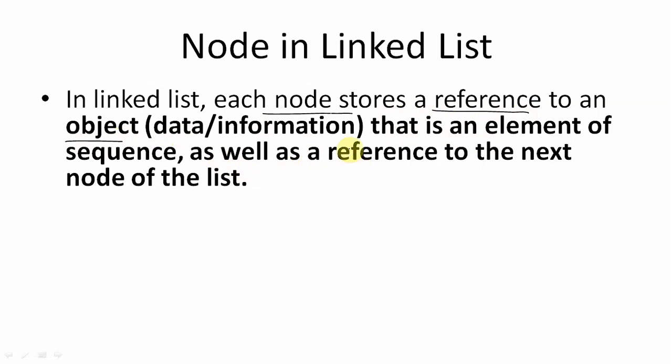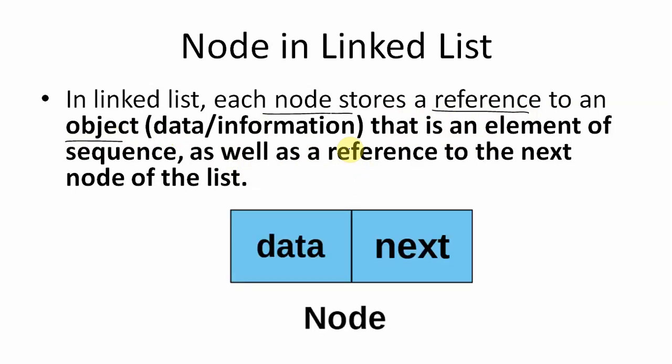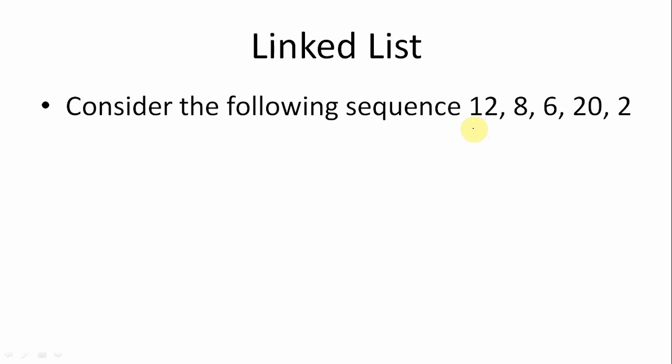So the node will contain two fields, one is the data field and another is the reference field. So every node should look like this. The node will be capable of holding data as well as a reference to the next node in the sequence.